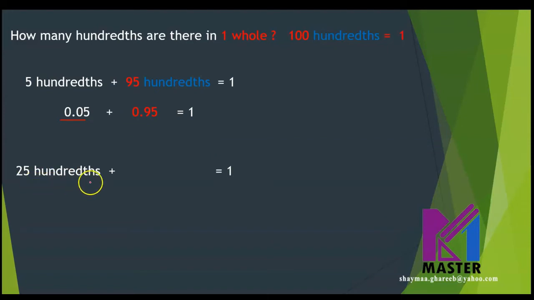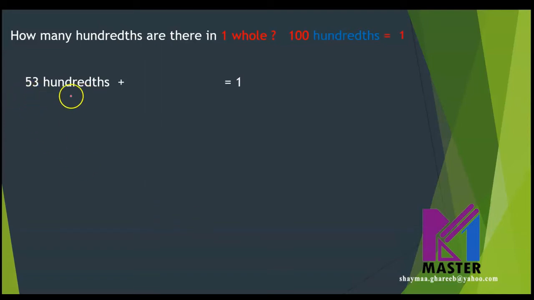What about 25 hundredths? So 25 needs 75 hundredths to form 100 hundredths in total, which is one whole. As a decimal, it will be 0.25 plus 0.75.